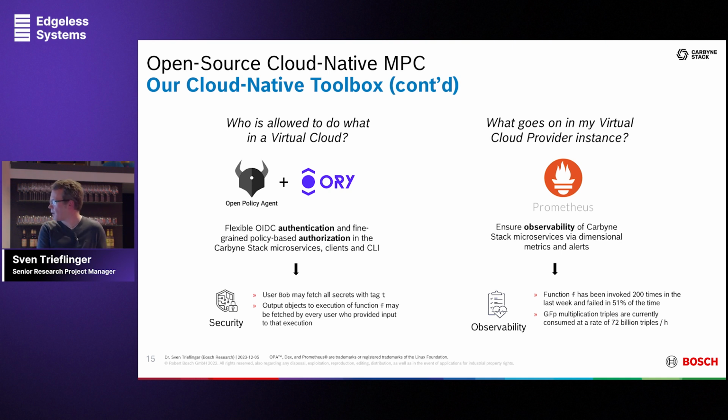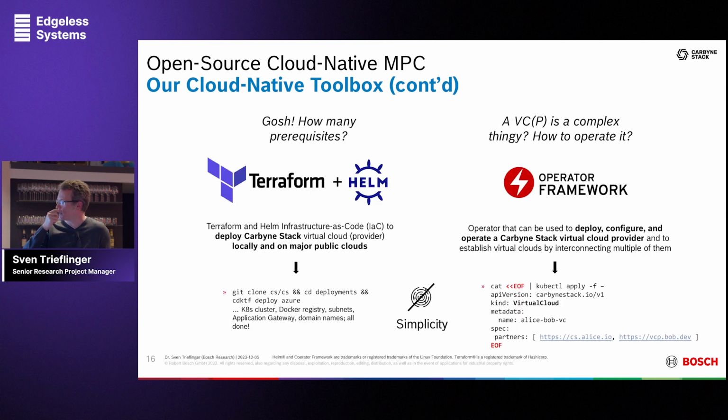Okay, observability, I will skip that. More interesting is that we have to deploy Carbyne Stack, which is already now a very complex system. If you look at our website, the steps to do this manually are, I don't know, 20 plus steps until you have a running system. That cries for an automation strategy.